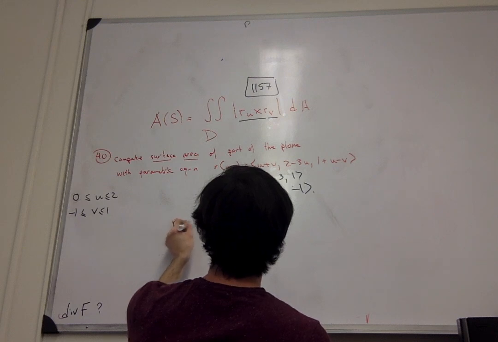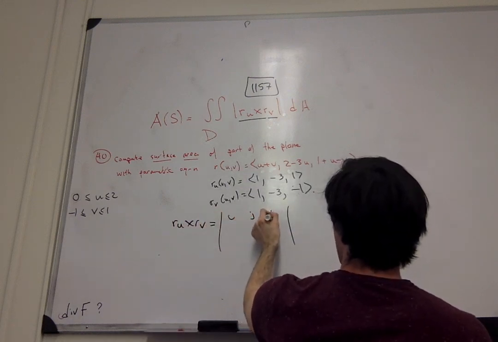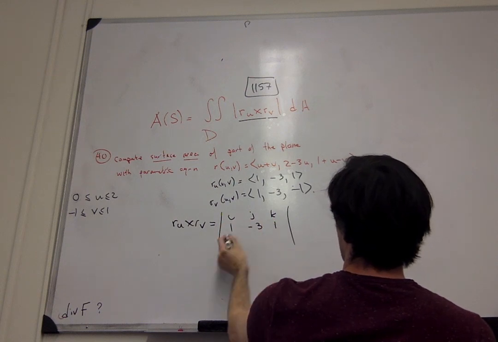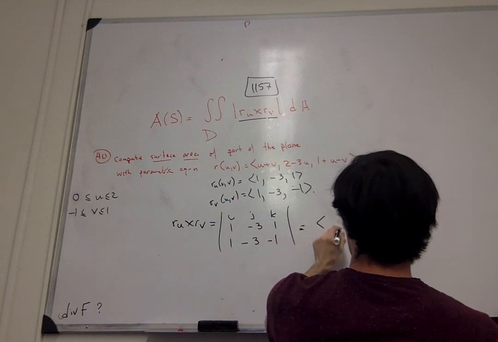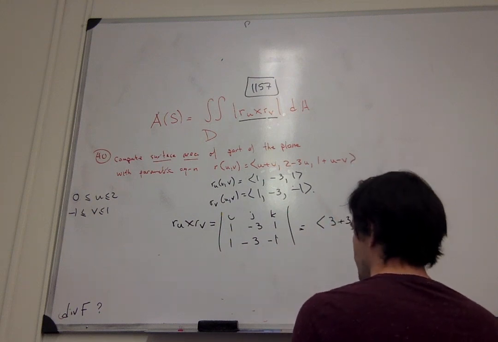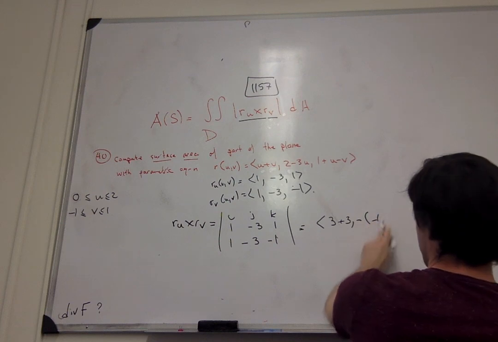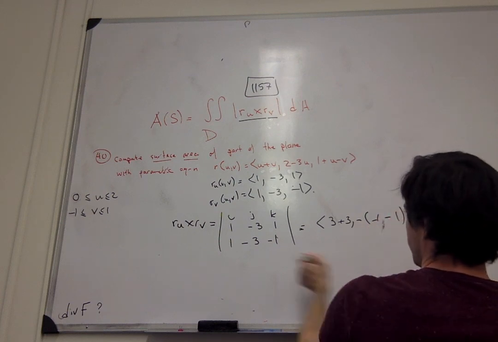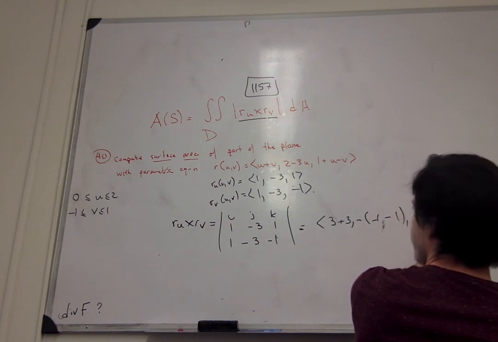So Ru cross Rv, this is going to equal the determinant with i, j, k, 1, negative 3, 1, 1, negative 3, negative 1. And when I do that, I get 3 minus negative 3, negative 1 minus 1, and negative 3 minus negative 3.